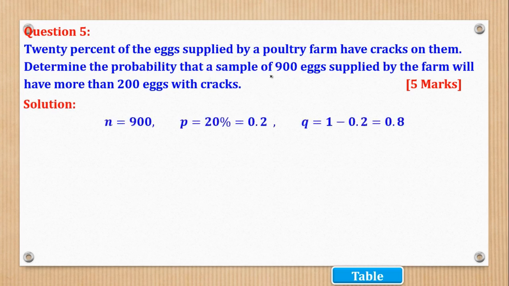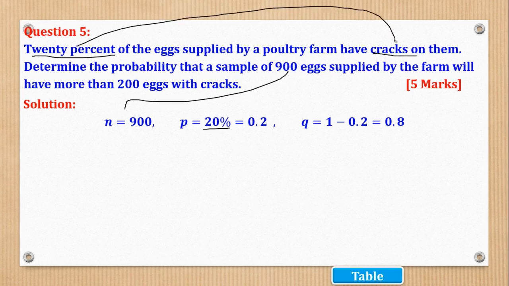So we have to first substitute. N is 900. P is the probability of success. Let's see how we got this 20. They say 20% of the eggs supplied in the poultry farm have cracks. So this 20% is for eggs with cracks.